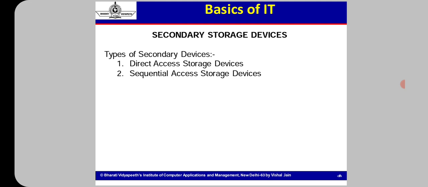Primary memories are temporary or volatile memories, whereas secondary memories or secondary storage devices are permanent or non-volatile memories. There are many types of secondary storage devices available.